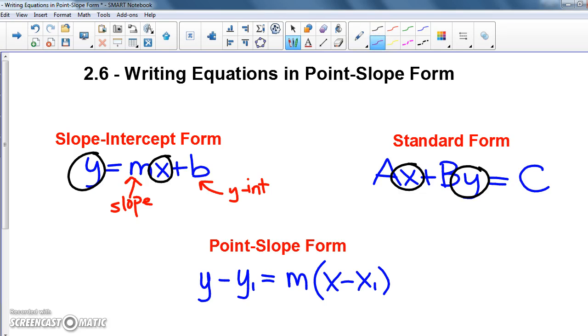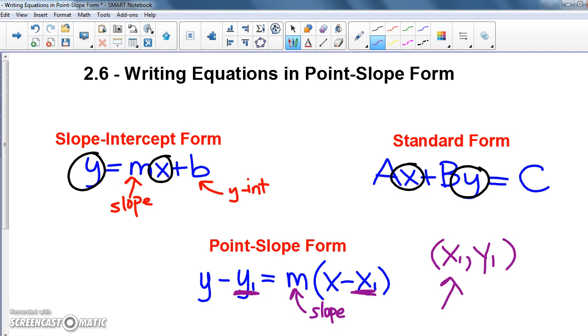But notice that we have a y1 and an x1. That's telling us that this point is on this line. So whatever numbers you have in there for x1 and y1, that point right here is on the line. And the other thing we can get from point-slope, this is why it's called point-slope, is the slope, and that's right here. Okay?